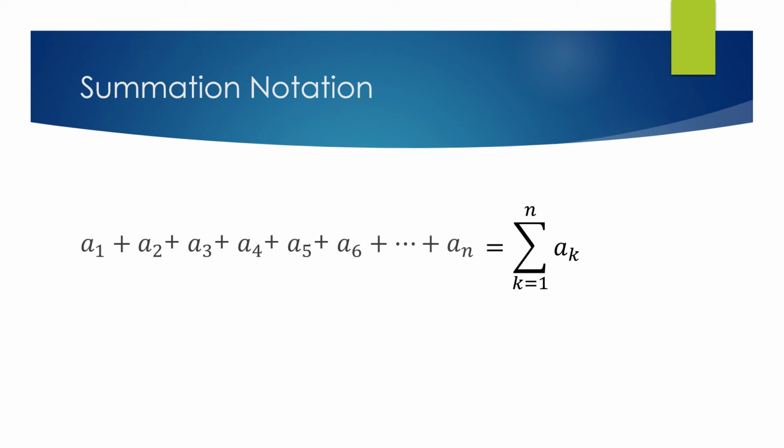For example, I have a sub 1 plus a sub 2 plus a sub 3 plus a sub 4, and that would be on and on and on until I get to the last term, which is plus a sub n. Well, I can use this symbol sigma, that is the Greek letter sigma, and I would say that this expression is equal to the summation as k goes from 1 to n of a sub k.